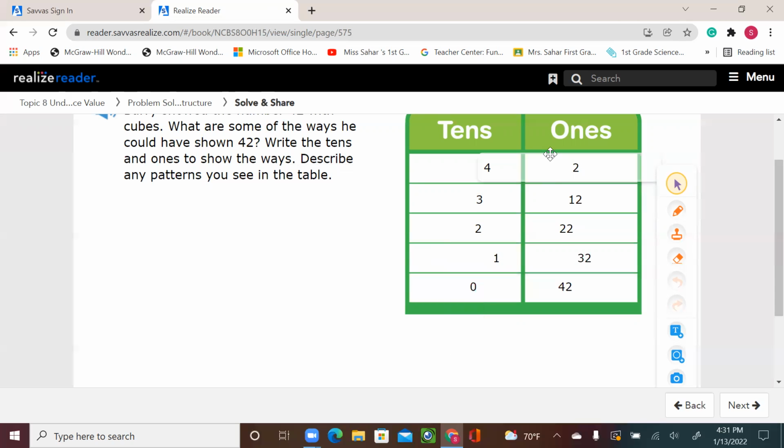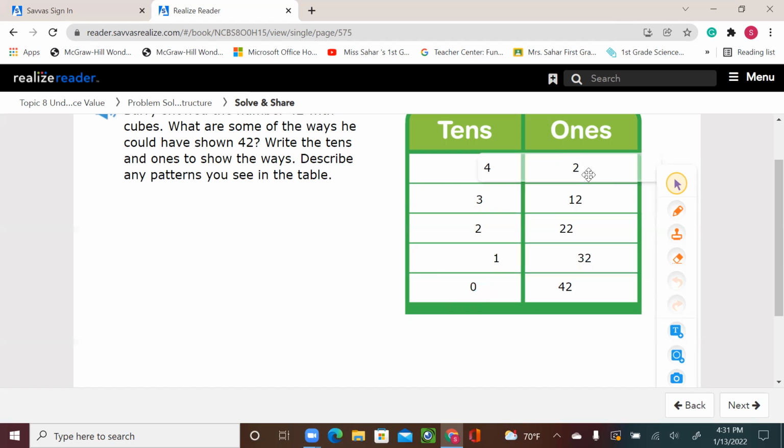So now if I look at the pattern, do I have a pattern? Yes. 4, 3, 2, 1, 0. So my tens go down by 1, decrease, lose 1. So 4 becomes 3, 3 moves to 2, 2 changes to 1, and 1 becomes 0 tens, because when I move it from the tens, I add it to the ones.